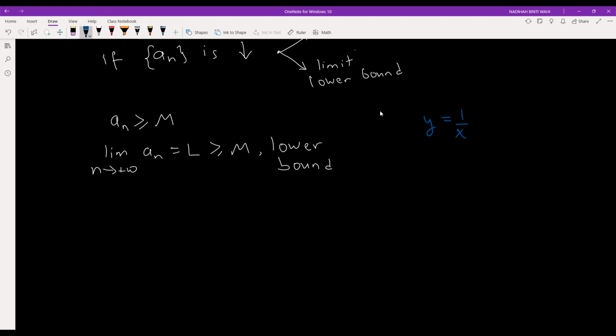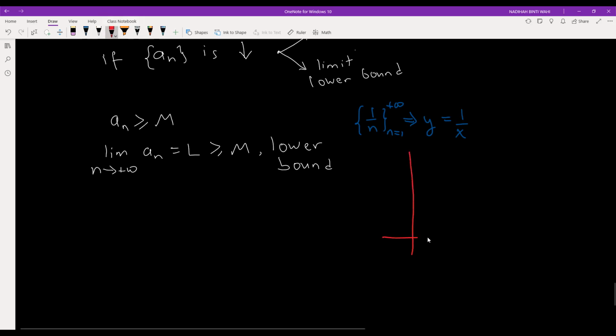This comes from the sequence 1 over n, which you translate into Cartesian coordinates. In this case, y starts from 1 because 1 over 1 is 1. My graph looks like this.